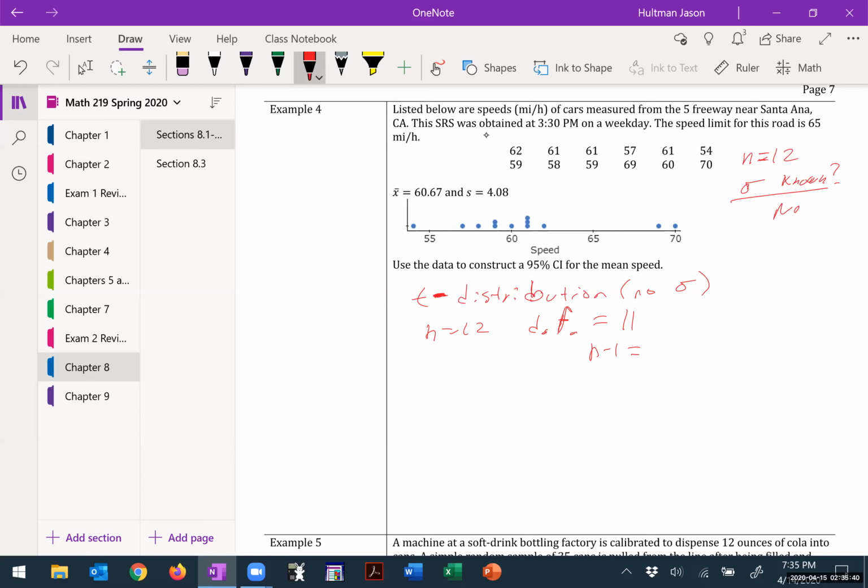It's the sample size minus 1. There's 12 pieces of data, and the degrees of freedom is n minus 1. Okay, t distribution for no sigma here. If you have sigma, you use z. If you don't have sigma, you use t. It is tea time. Questions? Oh, okay, sounds good.